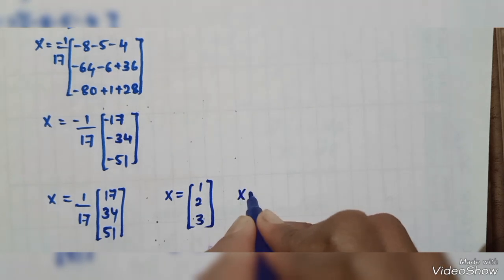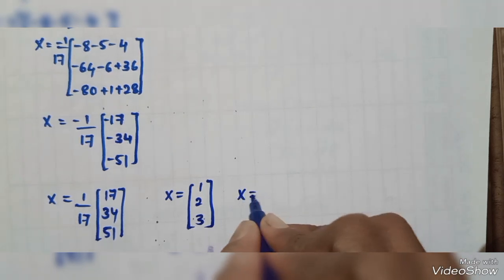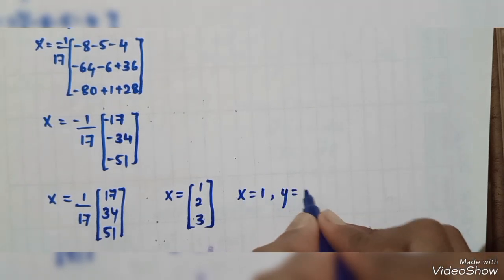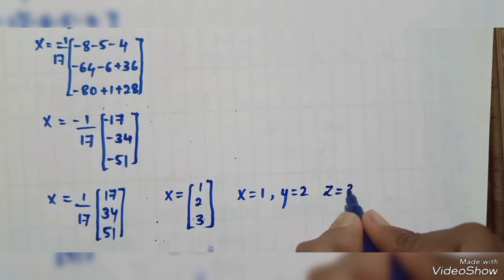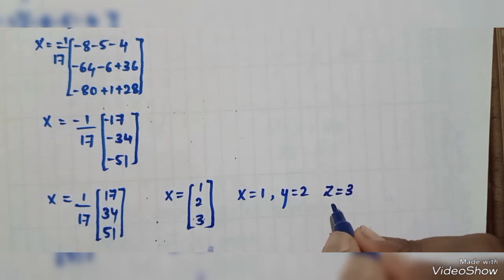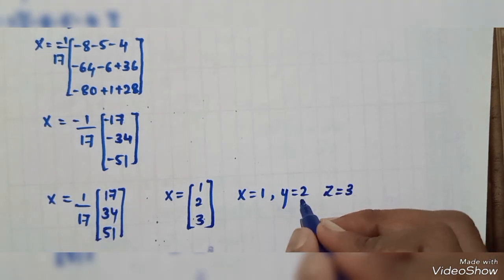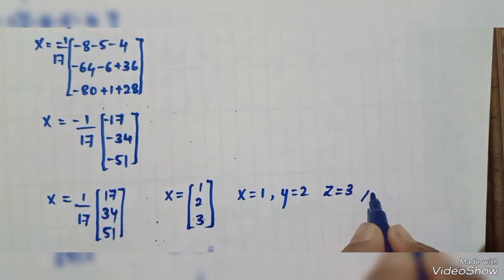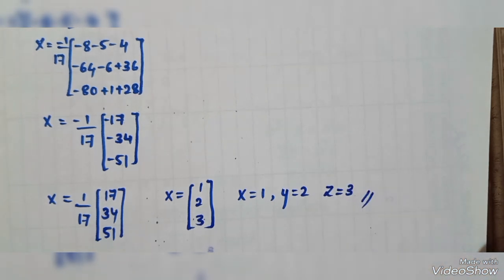Therefore x, y, z having the values: x is equal to 1, y is equal to 2 and z is equal to 3. The system of equations has the solution x equals 1, y equals 2 and z equals 3. Okay, up to this much, the solution is completed.